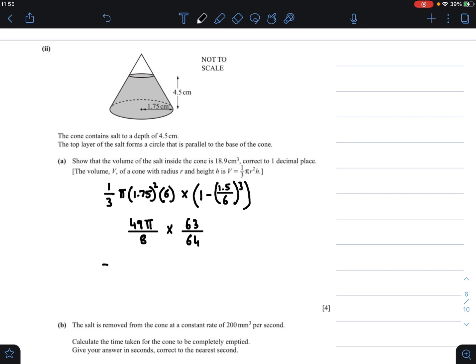Now all we need to do is input this in the calculator and we'll get our final answer. So 63 by 64 multiplied by 49 pi divided by 8.